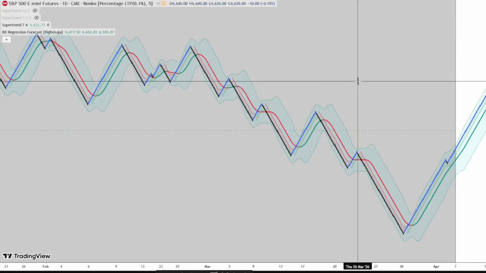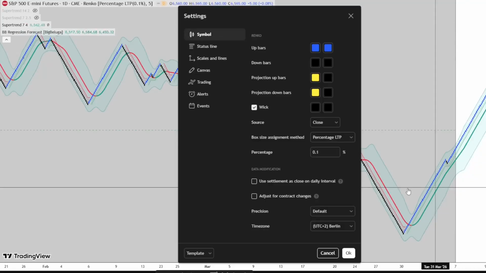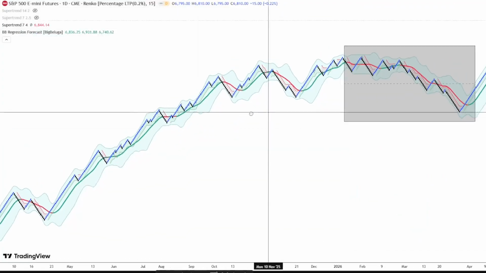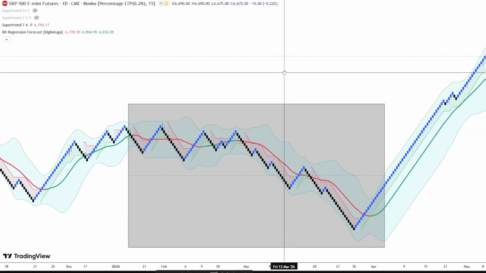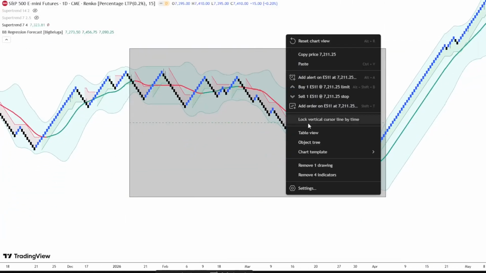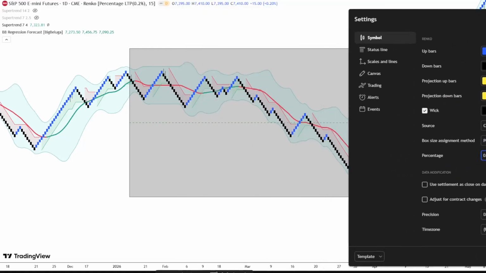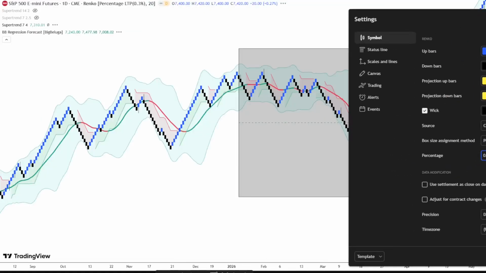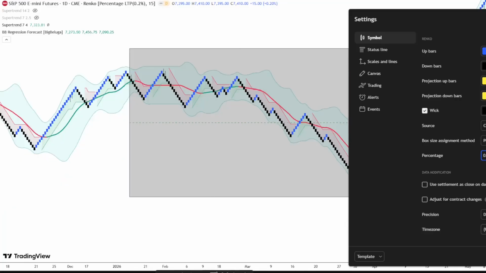I would say that this is too much noise, and I prefer using 2. It just reduces the noise. If you don't like it, you can always test it with 3 or 5 or 4, it depends. But I always do it with 2.